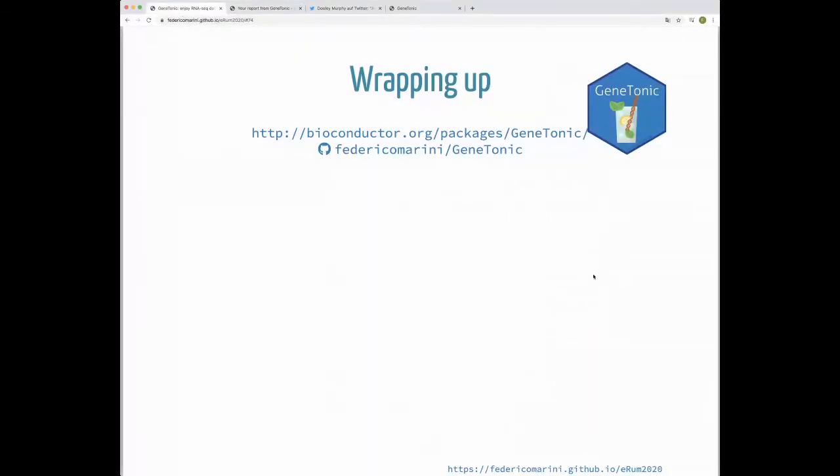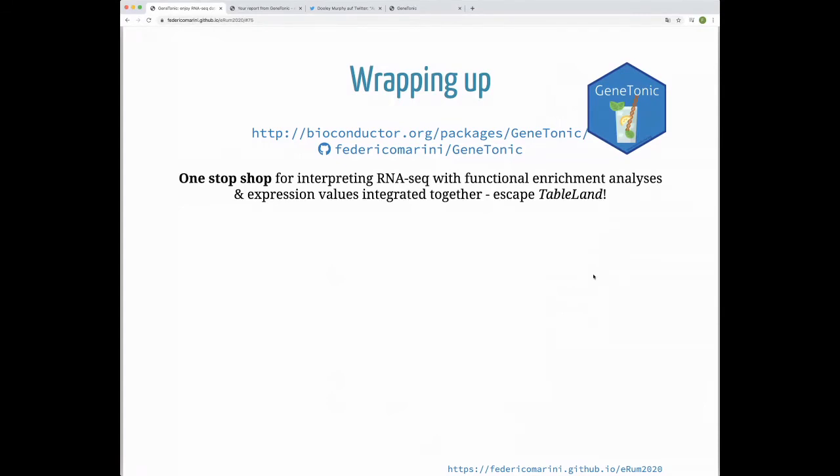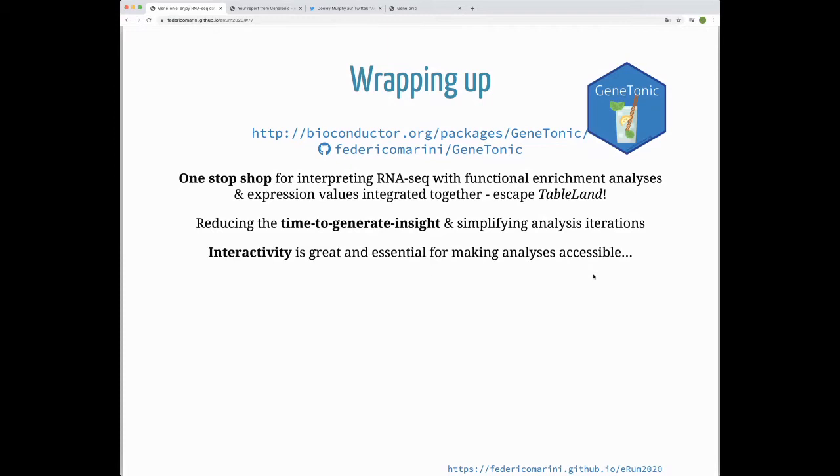I wrap it up. The package is available on Bioconductor and on GitHub. I would like to think of this as a one-stop shop for putting together all the information and all the atomic pieces of your RNA sequencing experiments, to reduce the time to generate insight in your data and simplify the iteration between you and your collaboration partners. It should be done in an accessible way, as well as in a robust way, so interactivity and reproducibility are important players.